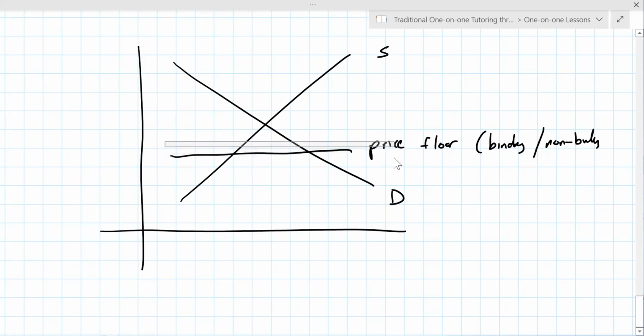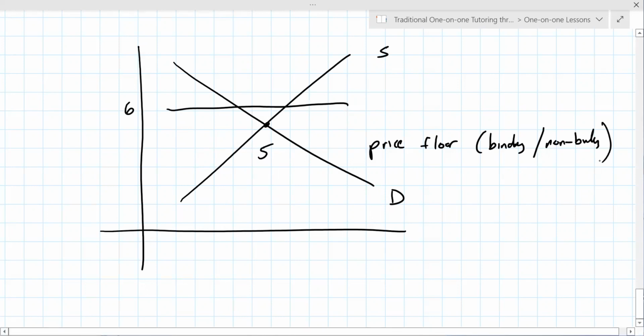The issue is when the price floor is up here, when it's above. What is the problem with that? Let's say market price is $5, but the price floor is $6. Now that's binding. And what's the problem though? Could you convey that to me in words?